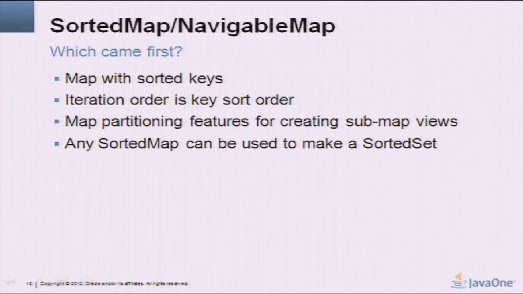That is in fact a view of the basic map, so that you can then hand that back to another piece of code, and if it makes modifications to that submap, they will be reflected in the overall map as well. So the partitioning features are actually quite useful for sorted maps. Oftentimes, you don't really care what the ordering is, but the ability to do partition submaps is just as useful as ordering.